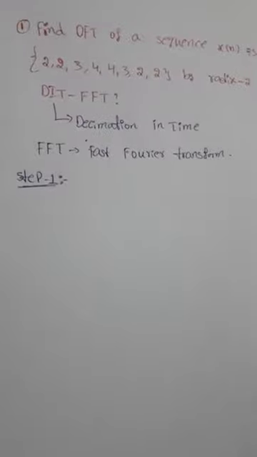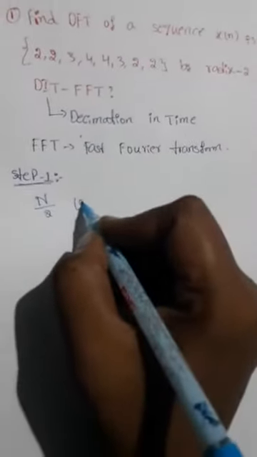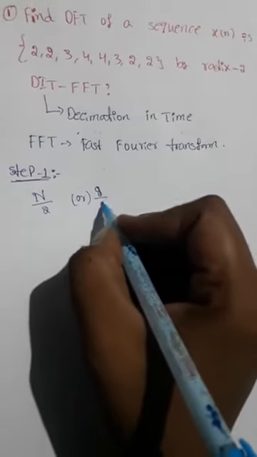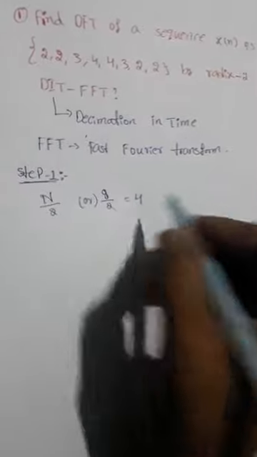Step 1: the sequence with the difference N by 2, or 8 by 2, equals 4.